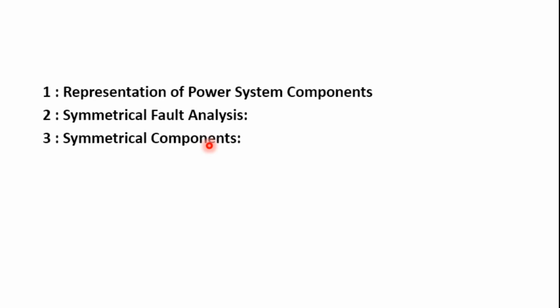Basically, we convert the unsymmetrical faults into sequence components to understand how they behave. There are three different ones: the zero, positive and negative sequence components, and how one component behaves with respect to another, and based on this we can make some decisions.